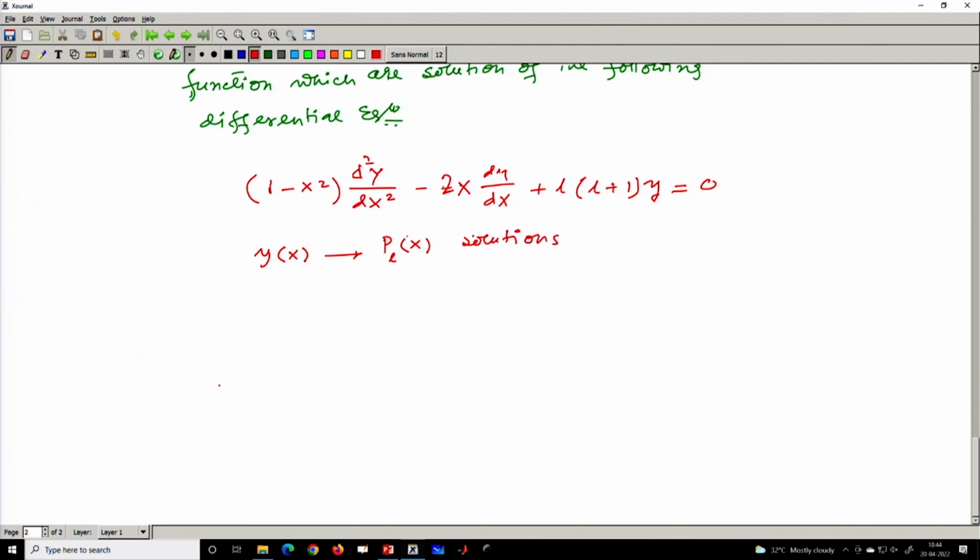And P of L means different values. So, L here is 0, 1, 2, 3 etc., integers.